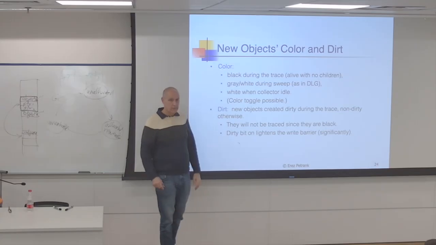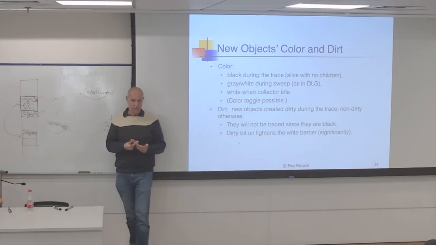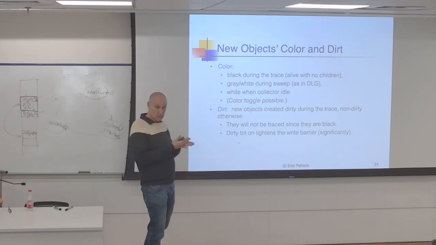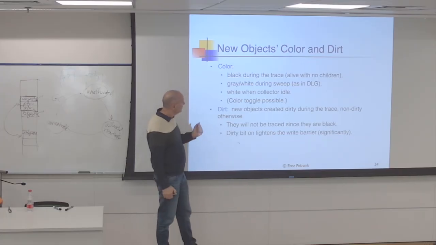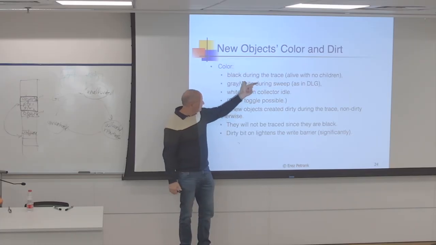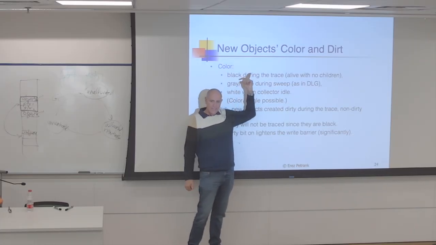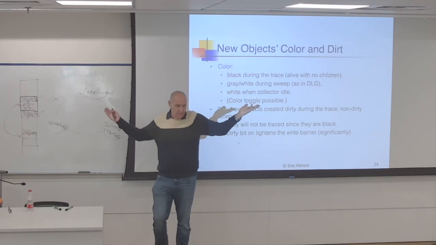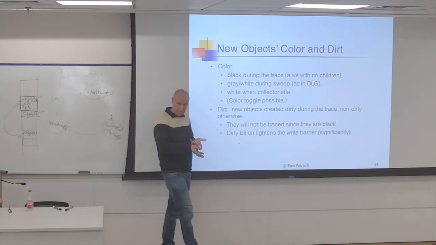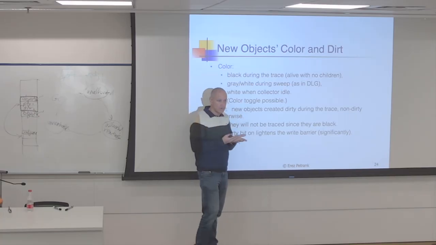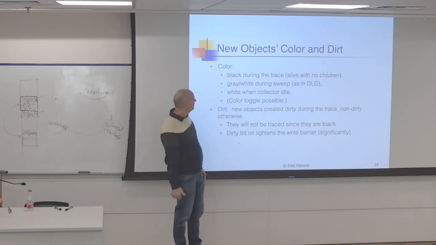So what do you do when you allocate a new object? What color do you give it and what dirty bit do you set? As usual, during the trace, the object is black, because it is alive and has no children yet. So basically I can think as if I traversed it and it is fine.